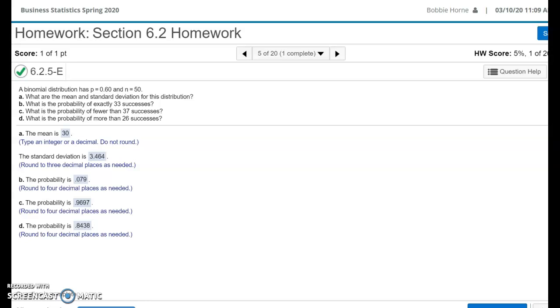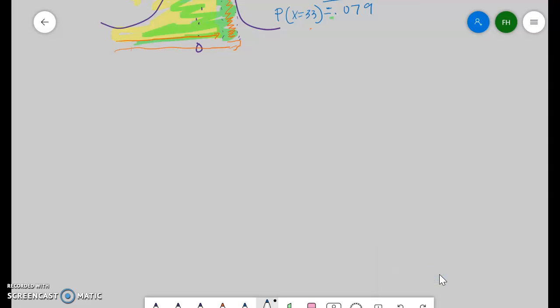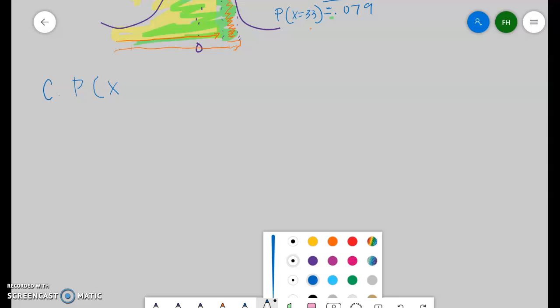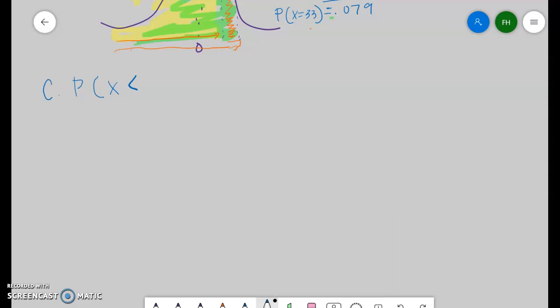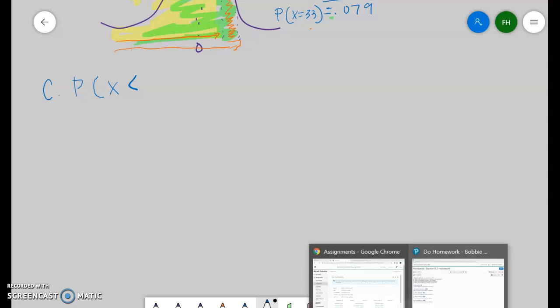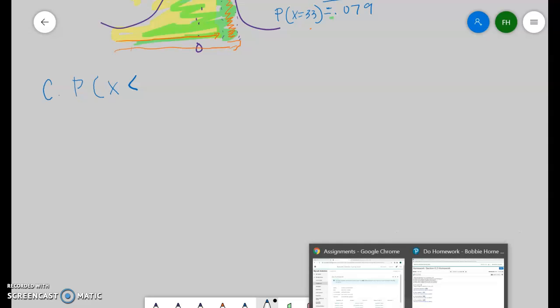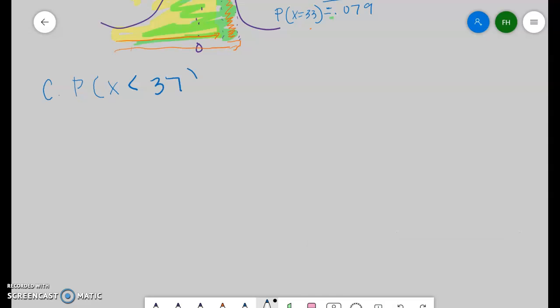Okay, this is part 2 of our video, and we are on part C. What is the probability of fewer than 37 successes? So we want the probability that X is fewer than, I've already forgotten, 37 successes.